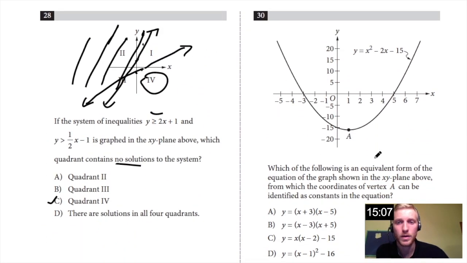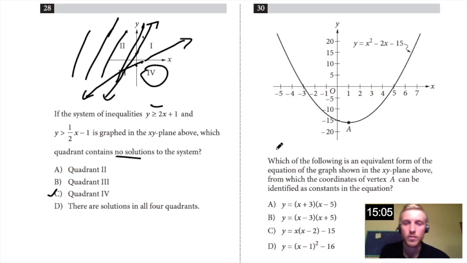All right, question 30. So we have a graph, second order polynomial. Which of the following is an equivalent form of the equation of the graph shown in the xy plane above, from which the coordinates of vertex A can be identified as constants? How are we doing on time? Let me check again. 40 minutes. Let's hurry it up a little bit.